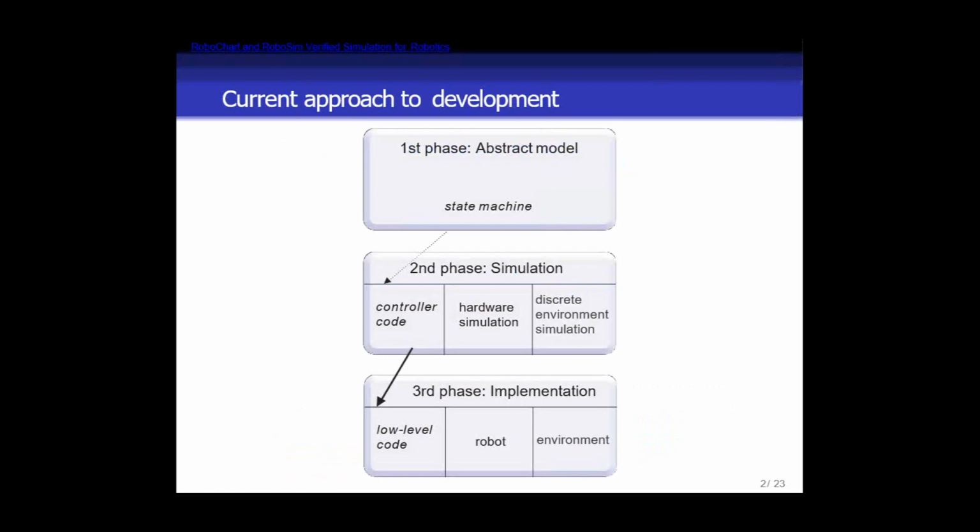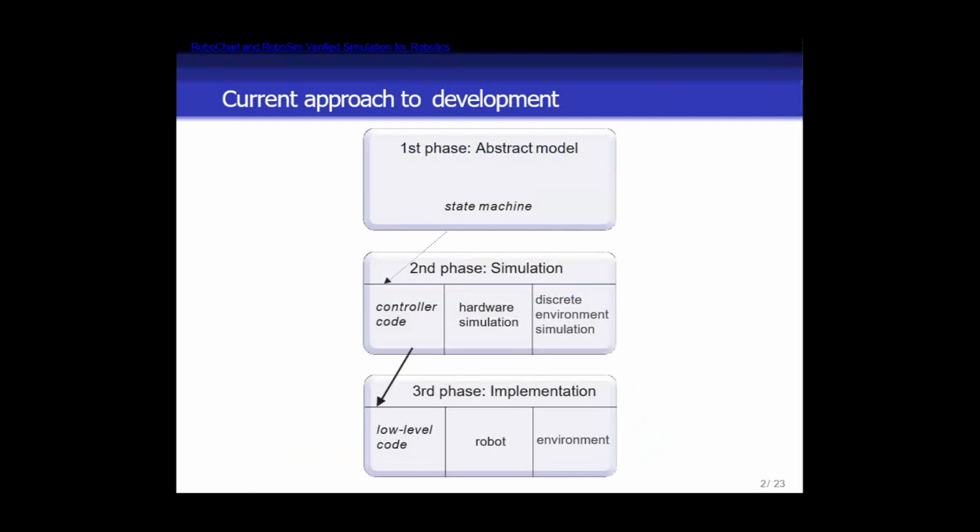If people have an abstract model of their robotic system at all, it's always a state machine, nothing else. It's the only game in town. And from that state machine, they might develop a simulation, and simulation is the only verification technique, simulation and testing, the only verification technique that we found widely used amongst industrial practitioners.